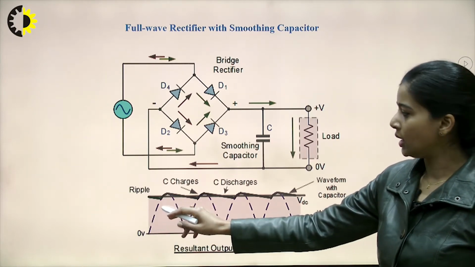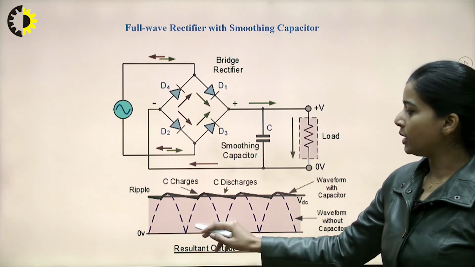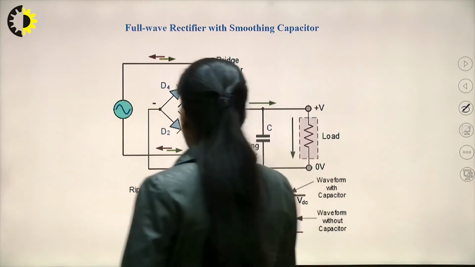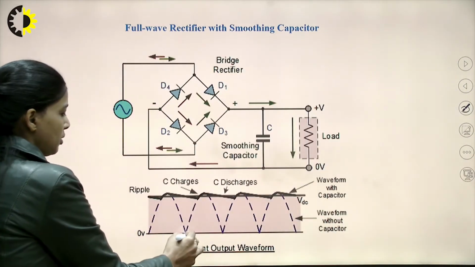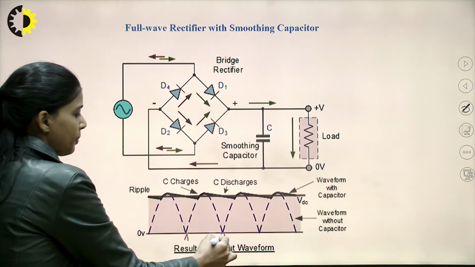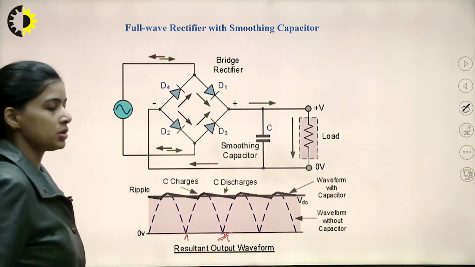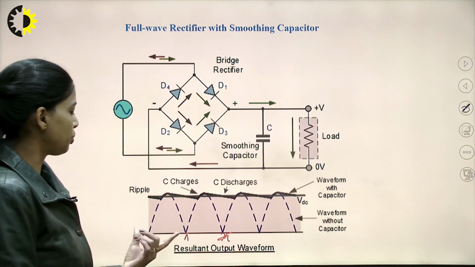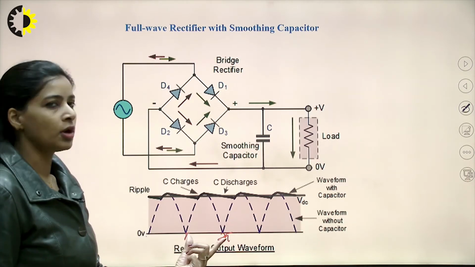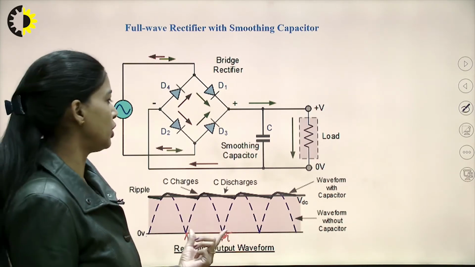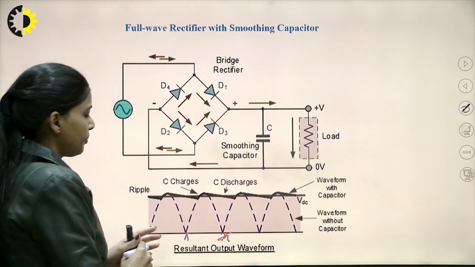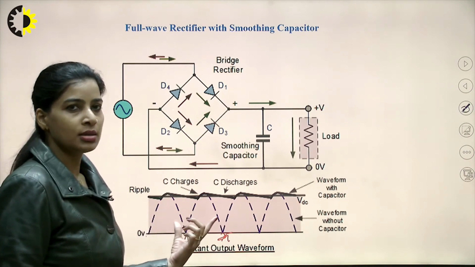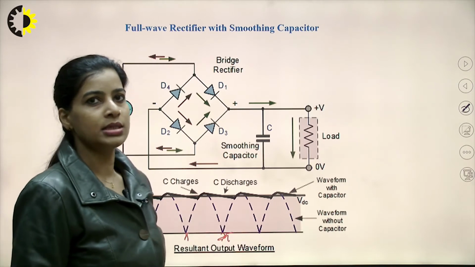Here you can see the output is for each cycle of input: 0, pi, 2 pi. If I am talking about a sine wave, then we are getting output for 0 to pi, and also for pi to 2 pi duration, but that DC output is having some AC component.